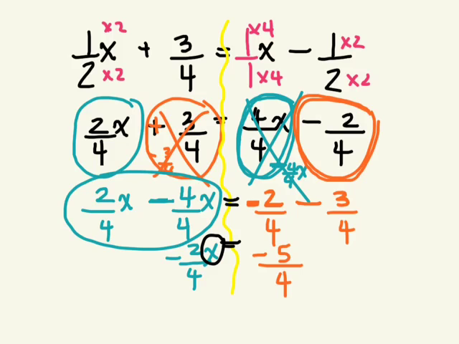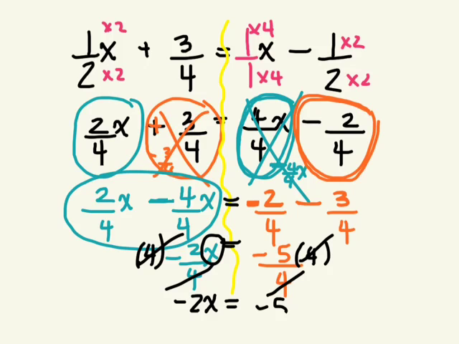So right now I have negative 2 divided by 4 times x equals negative 5 divided by 4. Can I get rid of that divided by 4? What's the opposite of dividing something by 4? If I multiply this by 4, that cancels out. That will cancel out. So I'm left with negative 2x equals negative 5.